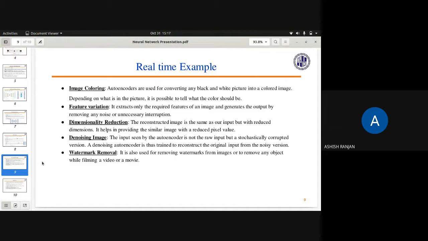In this, the input given to the autoencoder is not the raw input but a corrupted version of it. A denoising encoder is trained to reconstruct the original input from the noisy version. And next is watermark removal. It is also used for removing watermarks from images or to remove any object while filming a video or a movie.